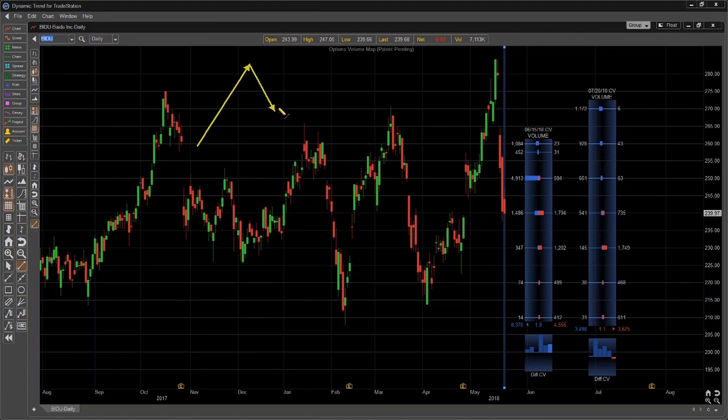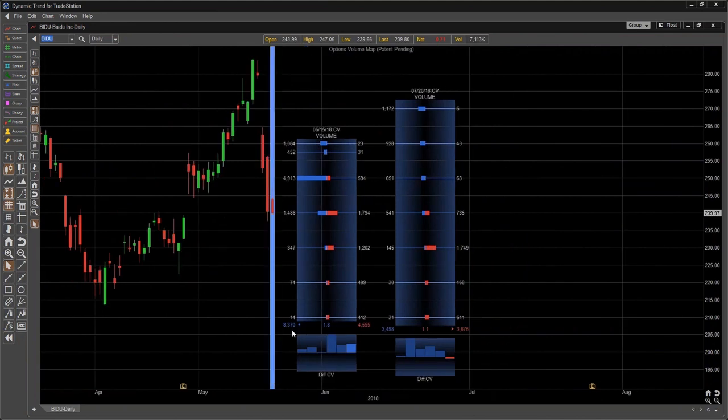To identify the retracement, we're going to need to see an increase of 1.6 on the call side in this downward pressure. And then the next day, we're going to need to see that high taken out with an increase in call volume of 1.6 or greater for us to indicate that this particular trend is completed. And the expectation is that we're going to see it move in the buying direction.